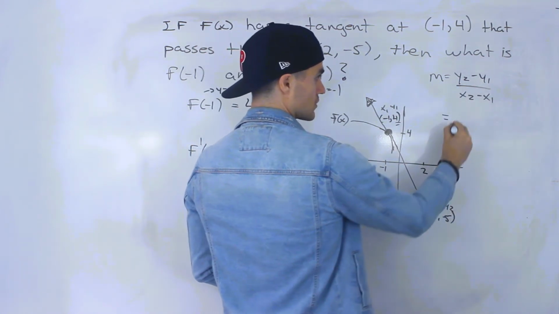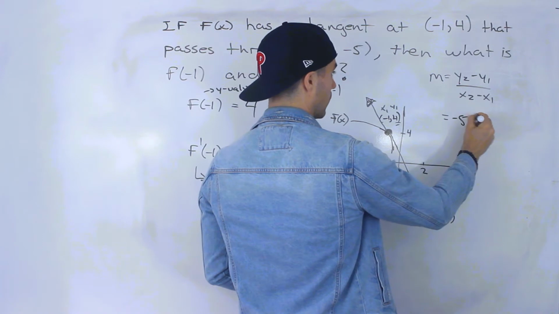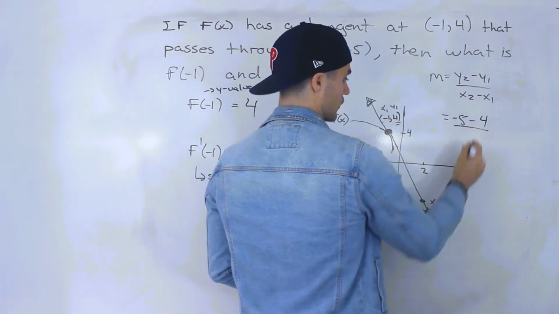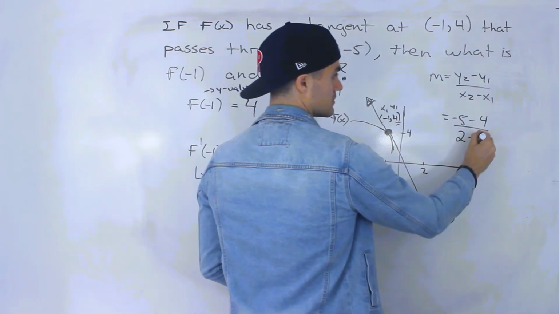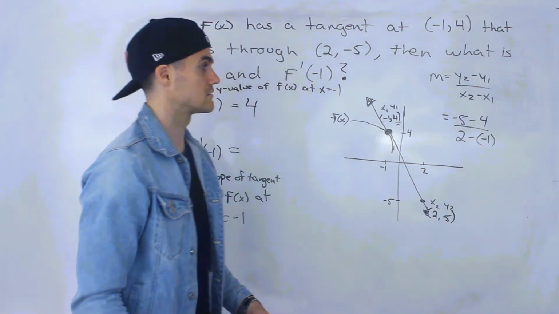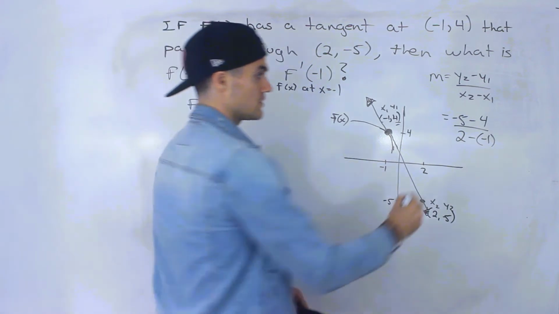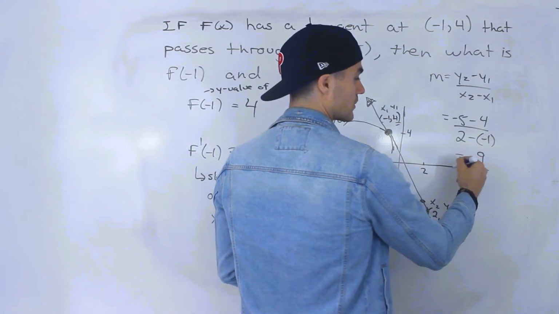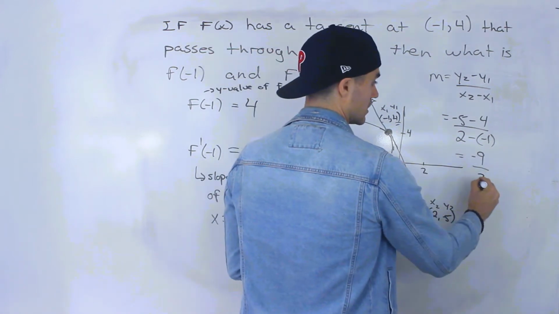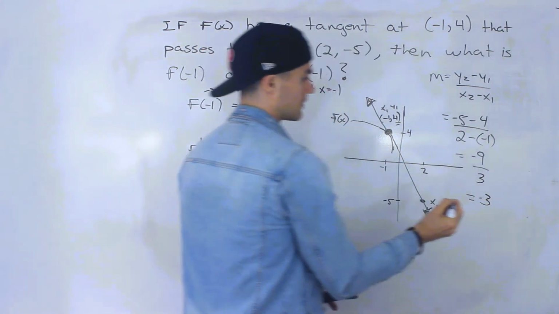We'll have y2, so -5 minus y1, which is 4, all over x2, which is 2, minus x1, which is -1. We've got to put that in brackets right there. So if we do this, we would end up getting -9 over 2 minus -1, which is like 2 plus 1, which is 3. So we'd end up getting -3.